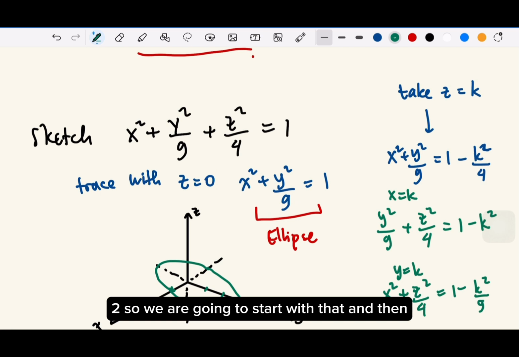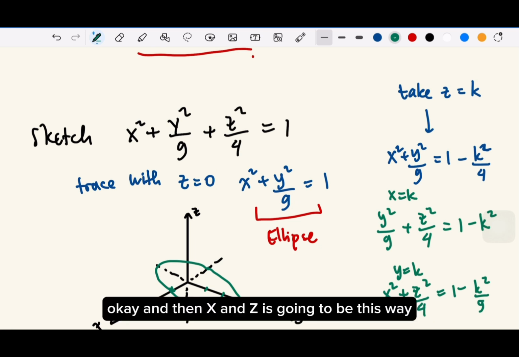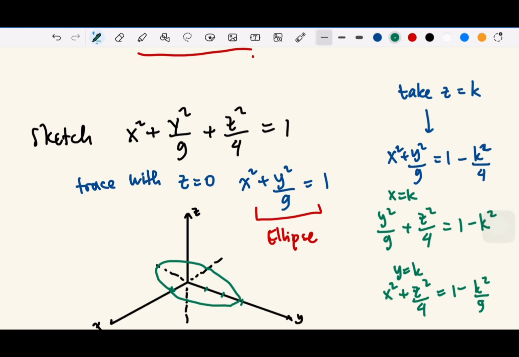And then we see that the k can be 1 or negative 1. So k will be here when it's 0. So it's going to be going that way and that.